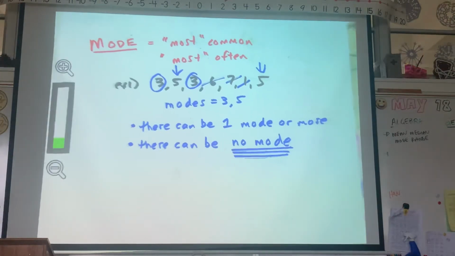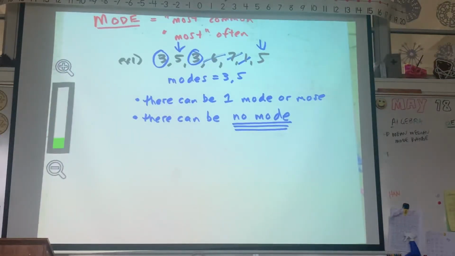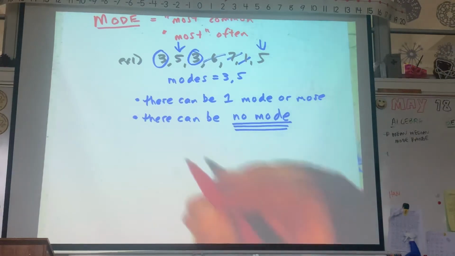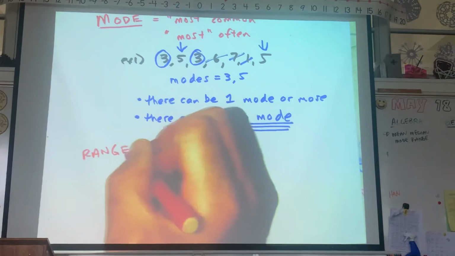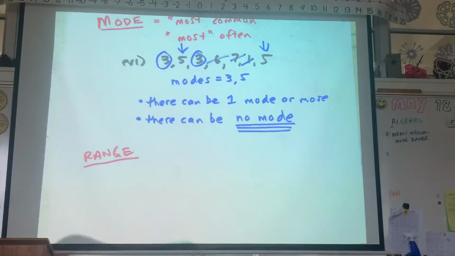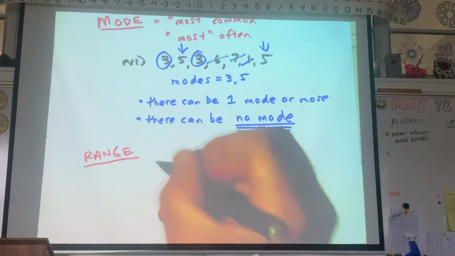So there's my mode. And finally, the easiest one is the range. The range is the difference between the biggest and the smallest numbers.